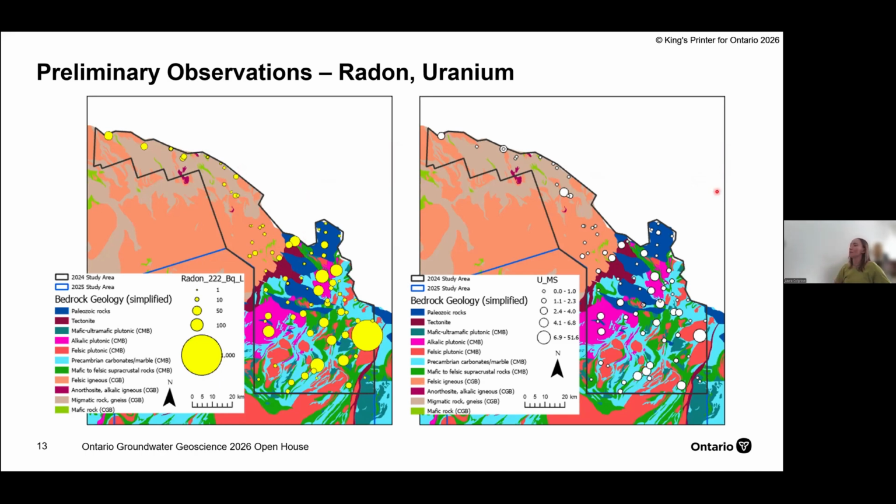The metasedimentary belt is more known for having uranium-rich bedrock units, so it would make sense that you'd have more uranium in the groundwater. And as uranium is radioactive, it breaks down and does form radon, giving us some of the higher radon that we've seen in the ambient groundwater program, with the highest one here being about 500 becquerels per liter.